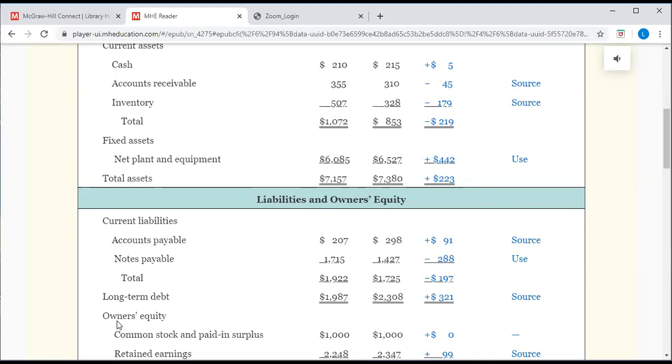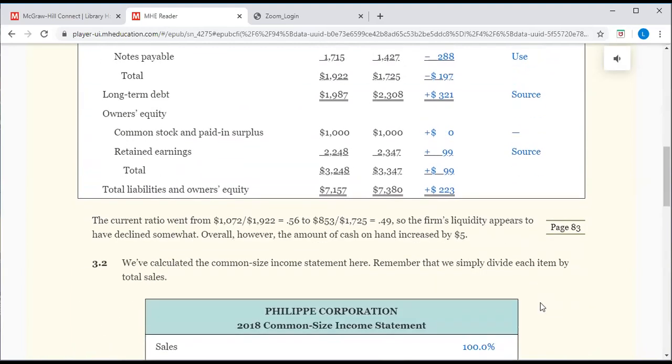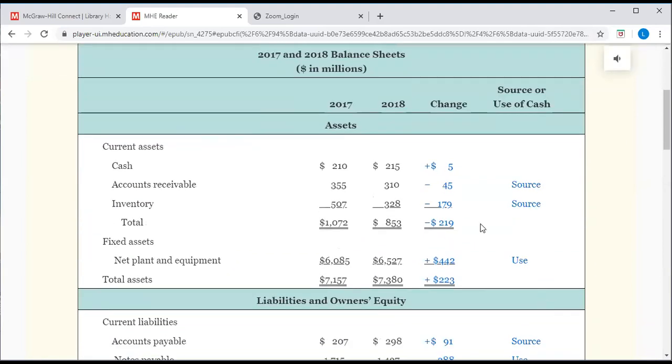Our long-term debt increased, so we borrowed more money, so that becomes a source. Common stock stayed the same. Retained earnings increased, so that's considered a source of cash. Okay, so remember, accounts receivable and inventory are our current assets.